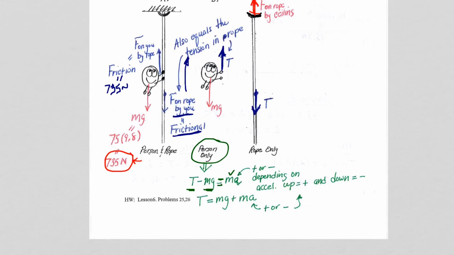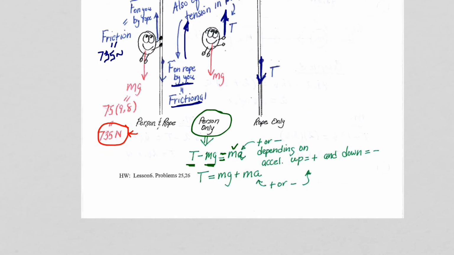So the minimum tension you can have in the rope to climb a rope is your body weight. If we rearrange the equation to solve for the tension, notice we now get tension equals mg plus your mass times your acceleration.